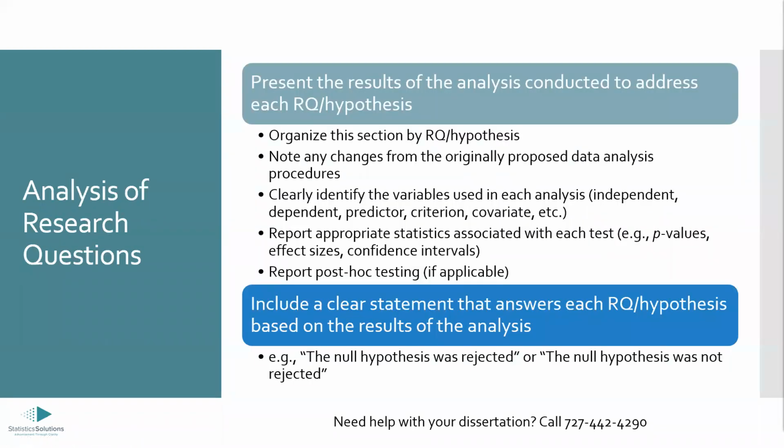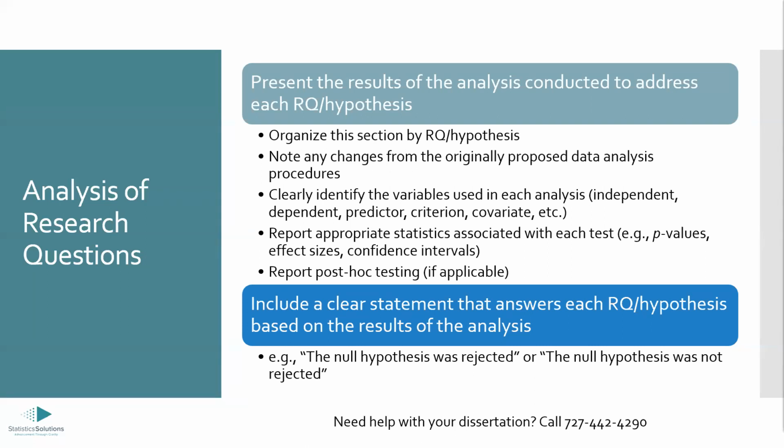Then after we discuss all the assumptions, we can finally get into the actual results for the research questions and the hypotheses. So you want to present in order the results of the analysis conducted to address each research question and or hypothesis. And you want to organize this section by research question or by hypothesis.